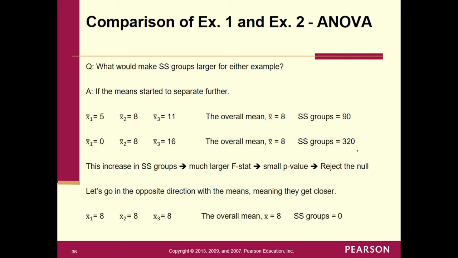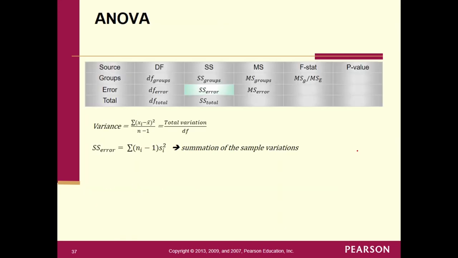In this silly situation, X bar 1 is 8, X bar 2 is 8, X bar 3 is 8, the overall mean is 8, and that means SS groups is 0. The F stat would turn into 0, and we definitely can't tell a difference based upon our random samples.